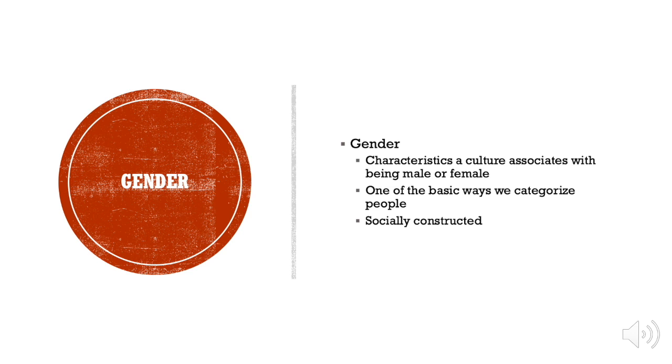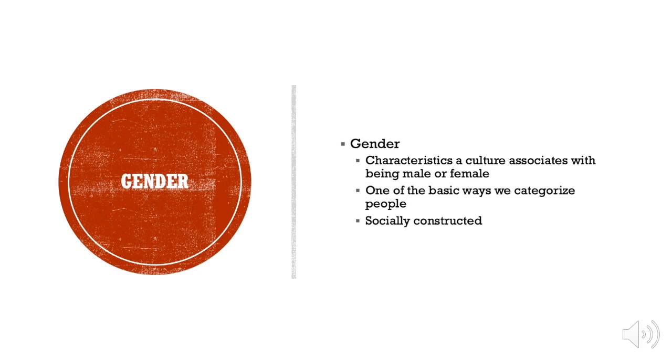But what's interesting is that the meaning we have assigned is so powerful that people who do not identify as strictly men or women are pathologized. We assume that there is something wrong with them, and we treat them as if something is wrong with them.